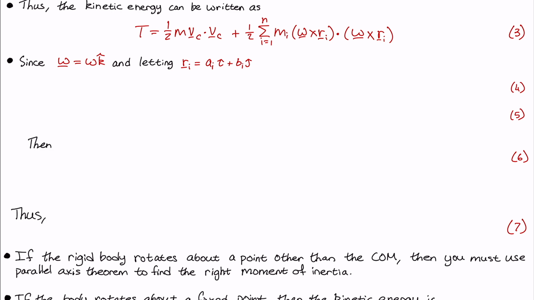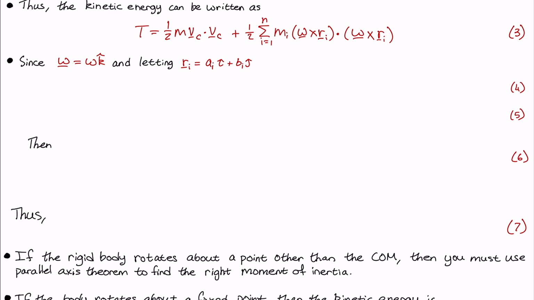Okay, so we're in planar motion, so omega is always equal to some scalar, in this case omega, in the k-hat direction. And we can expand ri into some generic component in the i direction and a generic component in the j direction.